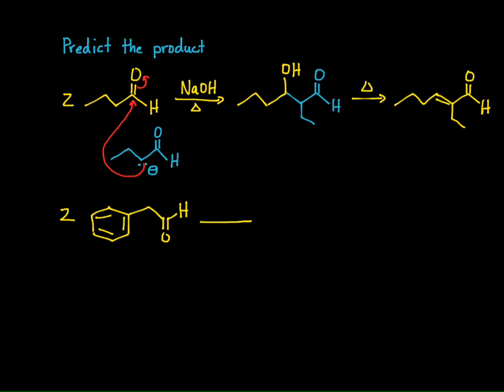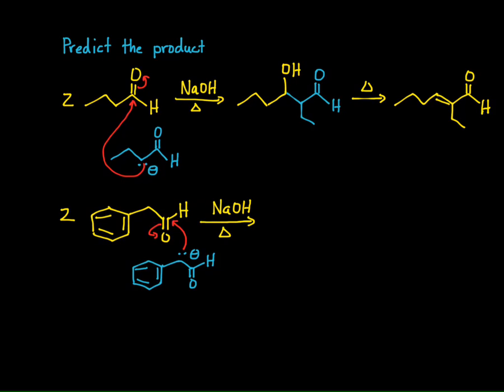All right, here's another example. And so again, how do you start this problem? You should start it, especially when you're learning this, by drawing the enolate. So now I have my aldehyde, I have my enolate. I know the enolate's going to attack that aldehyde, displacing the carbon-oxygen bond.